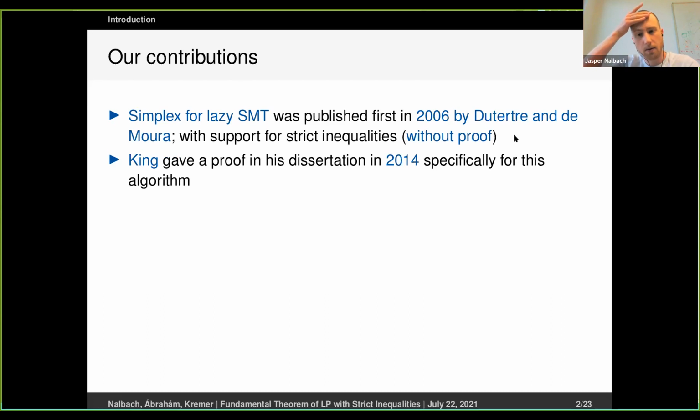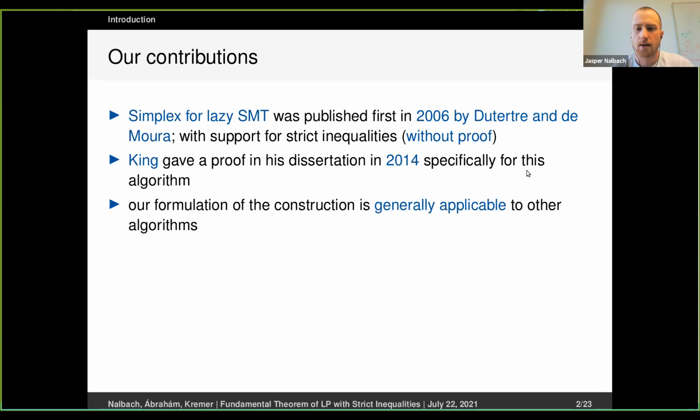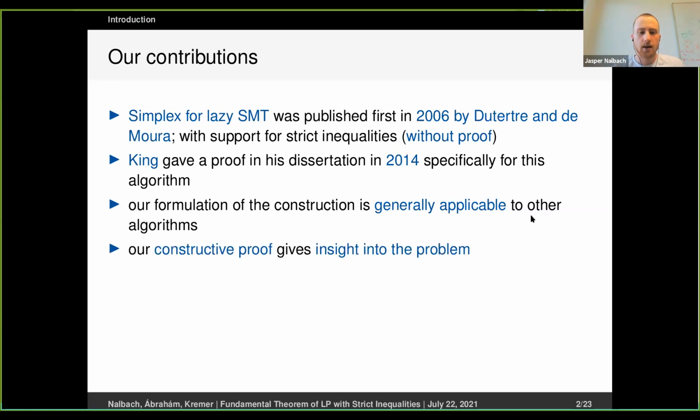In 2014, a proof for this extension was given in the dissertation by Tim King, but this was tailored specifically to this simplex method. We present a more general construction, which is applicable to other algorithms as well.